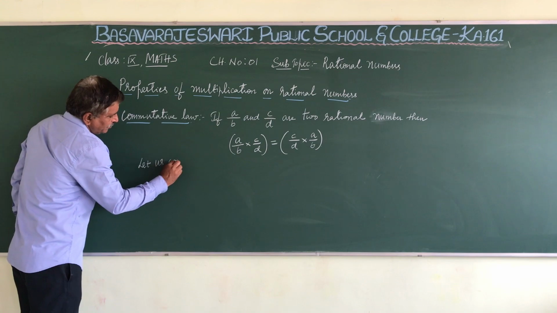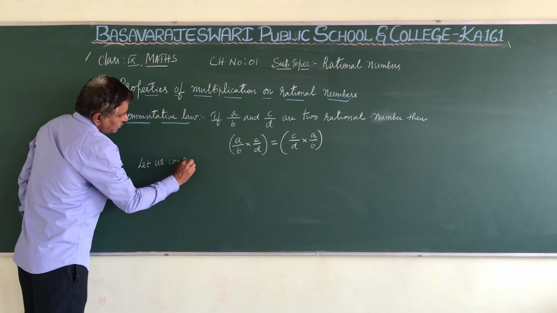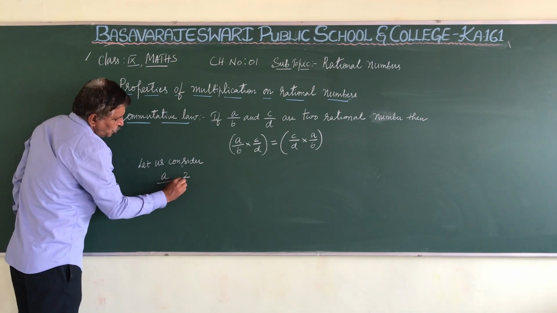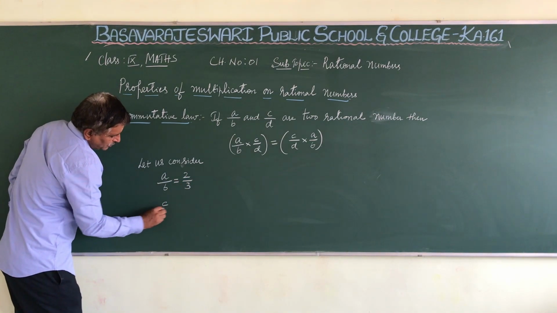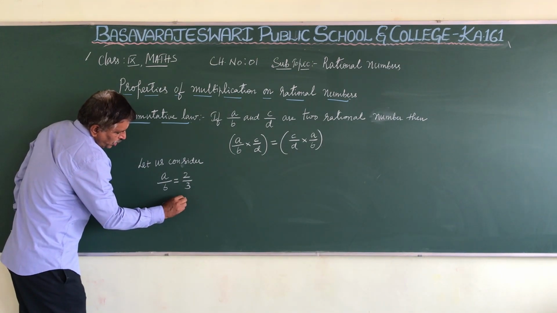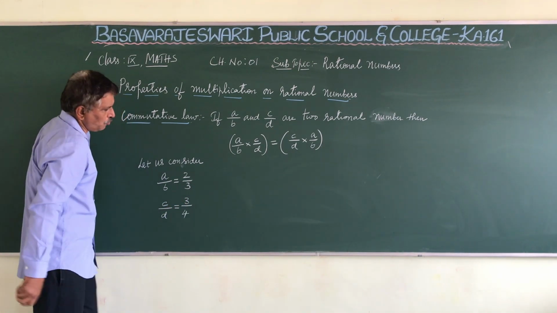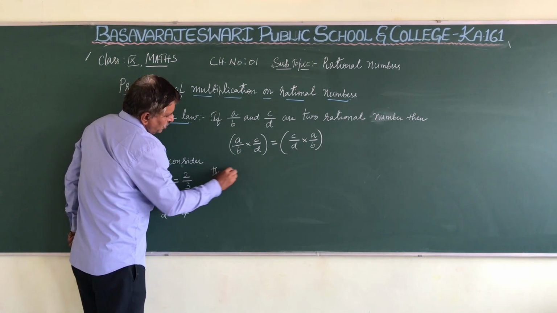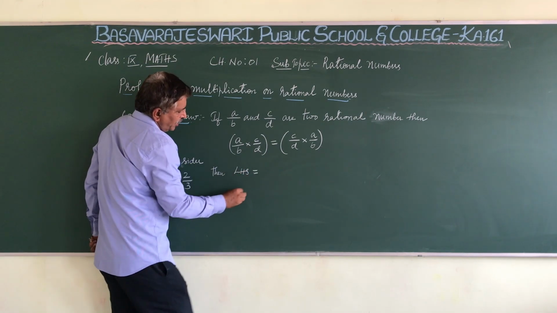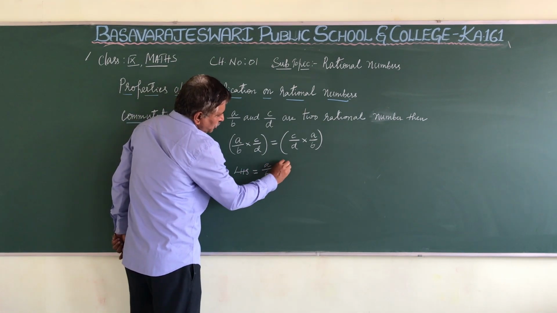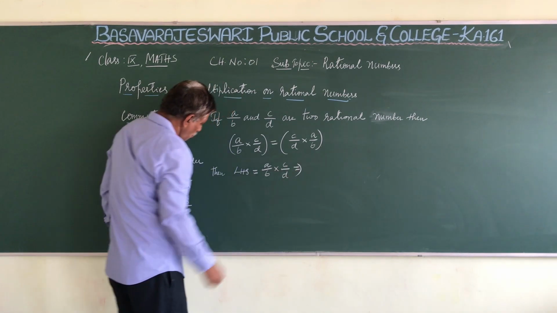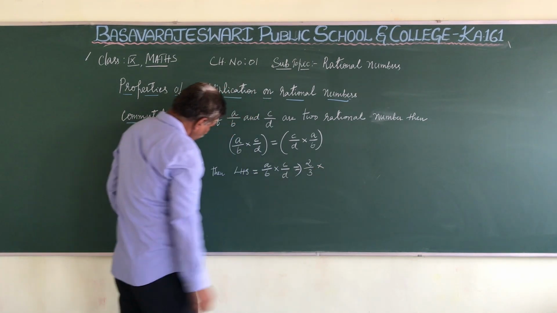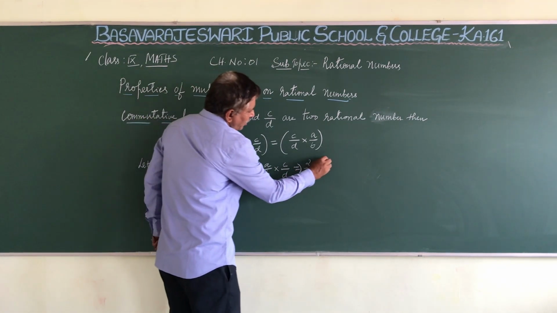For example, let us consider a/b is equal to 2/3 and c/d is equal to 3/4. Then the left hand side: a/b × c/d, which is equal to 2/3 × 3/4.